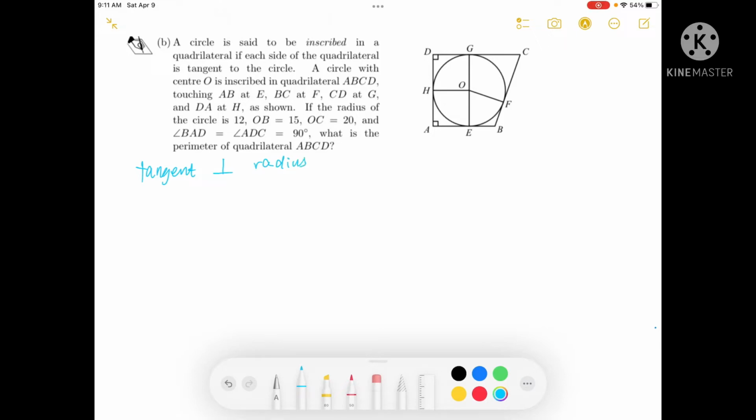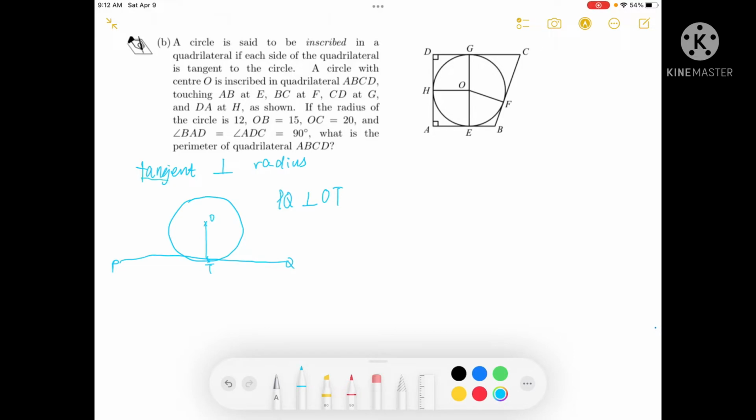If I have a circle with center O, and a line PTQ, and PQ is the tangent to the circle at T, then PQ is perpendicular to OT. So this is the proof we should know.